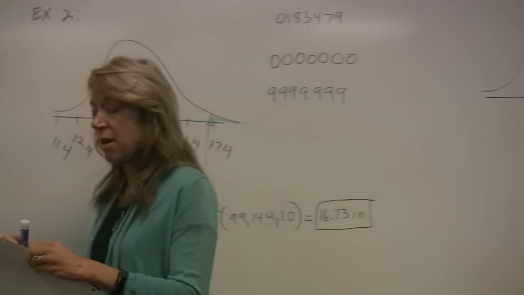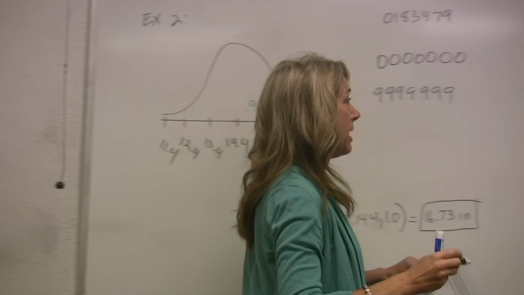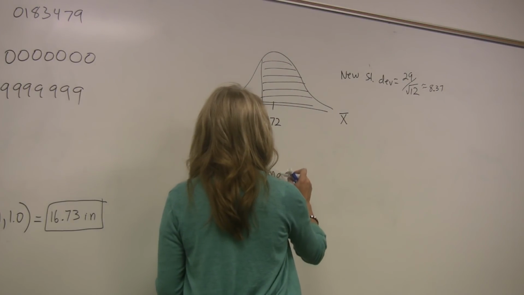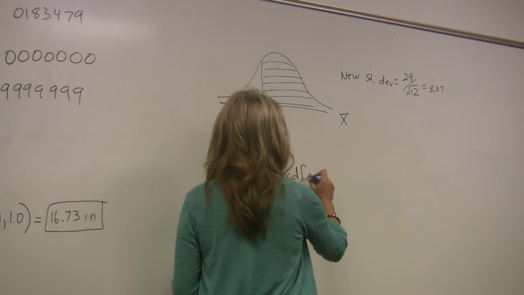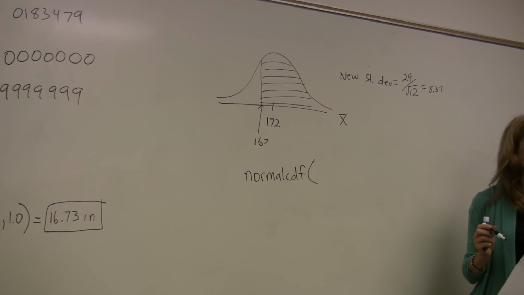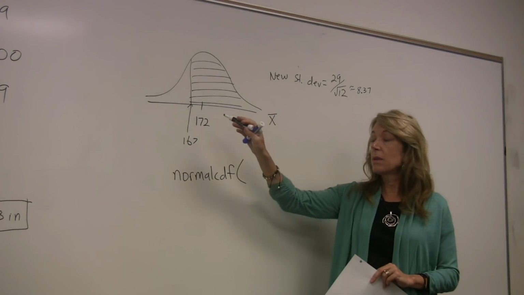I want to find that probability. So what am I going to do? Find the less than and then subtract it from there.